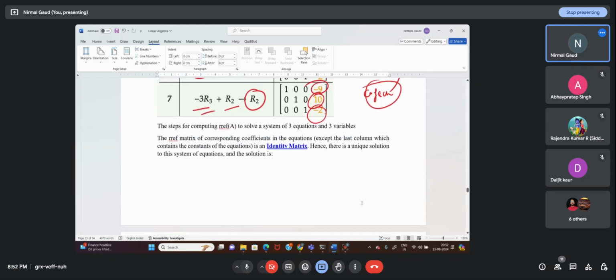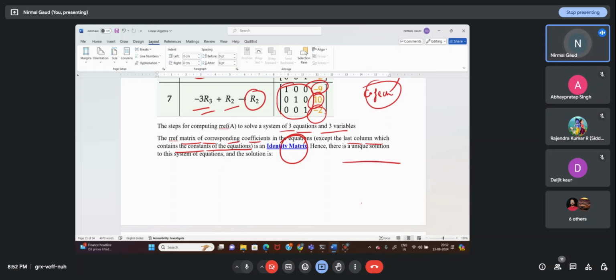So here it is now. The steps of computing to solve three equations with three variables: this matrix of corresponding coefficients in the equation, except the last column which contains the constants of the equation, is an identity matrix. This is an identity matrix, all ones. That means it's an identity.